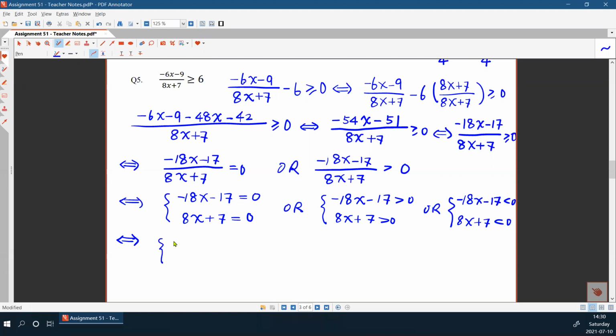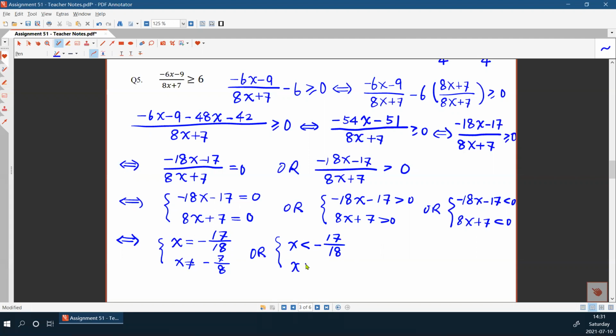First of all, x is minus 17 over 18, but x cannot be minus 7 over 8, right? Or second branch, x must be smaller than minus 17 over 18. Careful with the numbers and the direction of the inequality symbol here, do not confuse them.